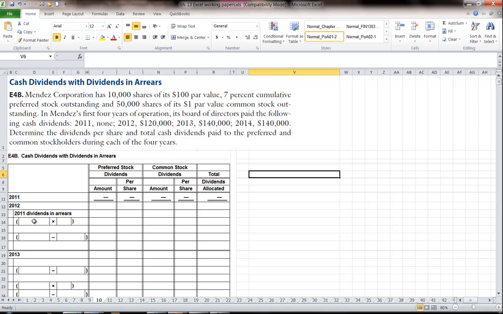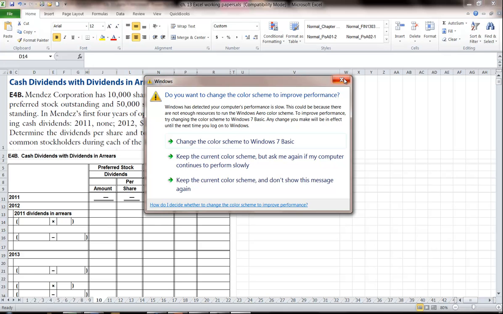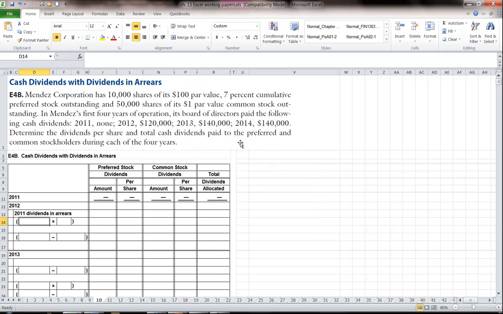So to calculate the amount that belongs to our preferred stockholders, we take the 10,000 shares outstanding times the $100 par value, which is 1 million. And then we take that times the 0.7, the 7%, and that gives us $70,000.